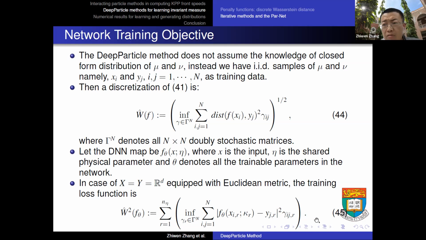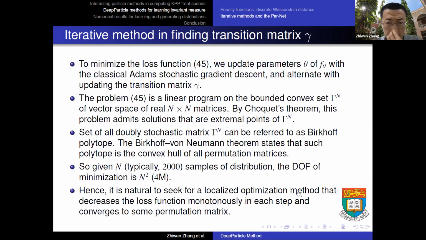This is very simple. That's our first choice. Definitely you can define a better loss function; that can be a future research idea. As I said, we update theta by SGD Adam, and we also update this gamma by LP, that's a linear programming method.